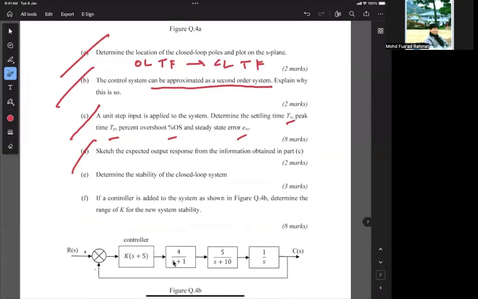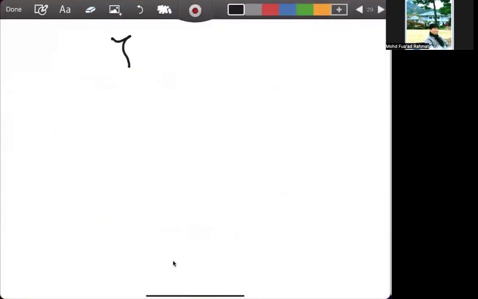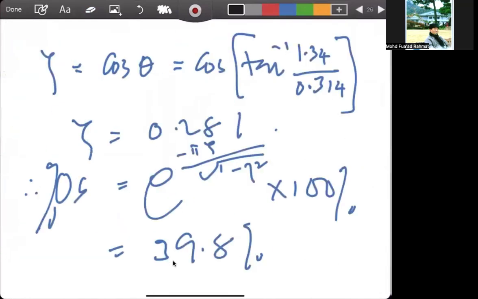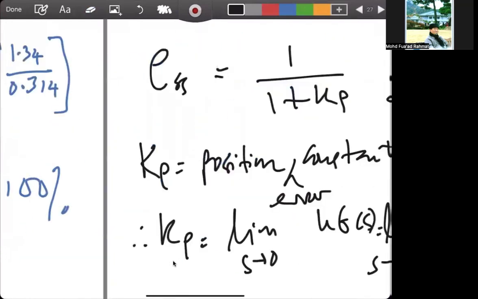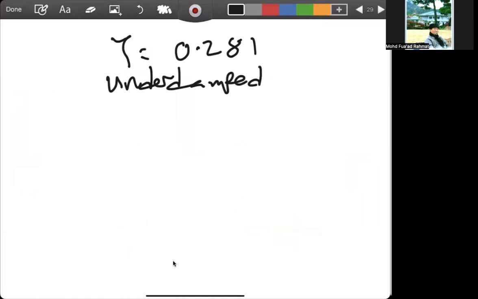Then sketch the expected output response from the information obtained. Okay, since zeta is equal to 0.281, it is underdamped. Under damped response.